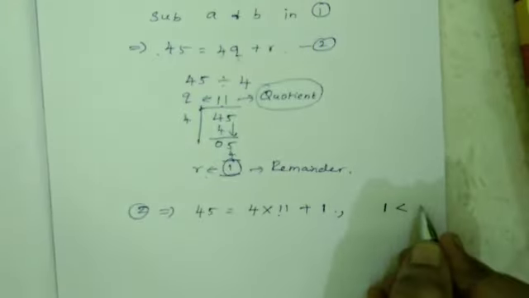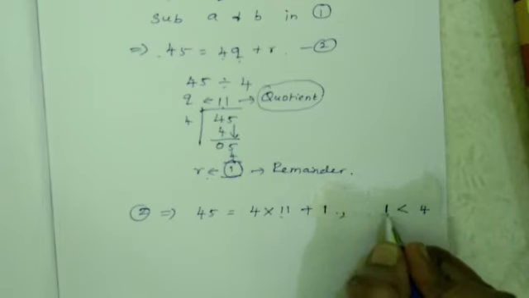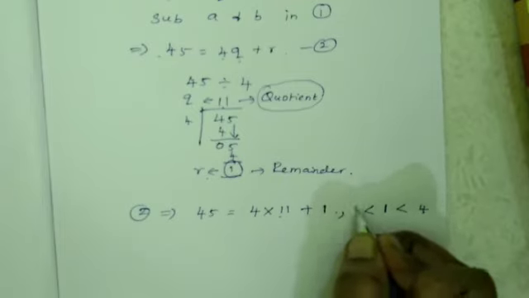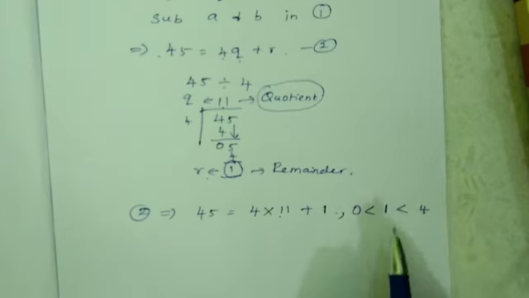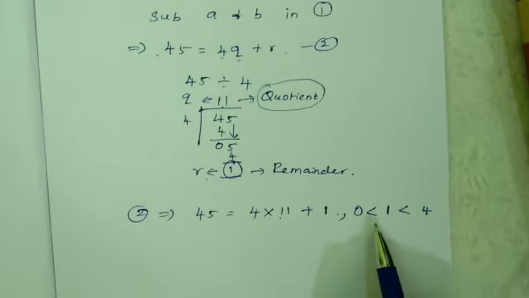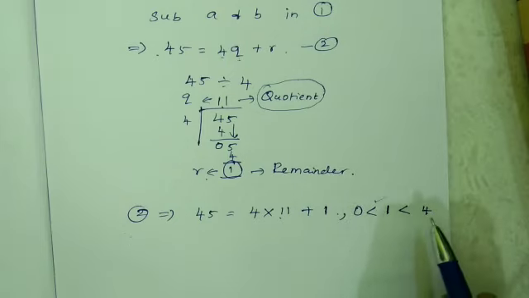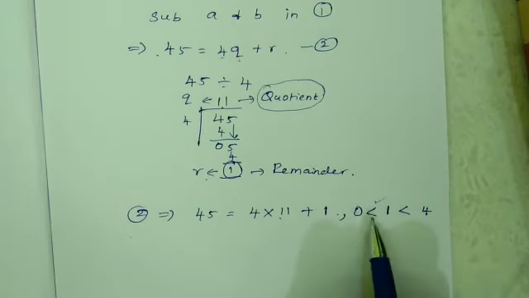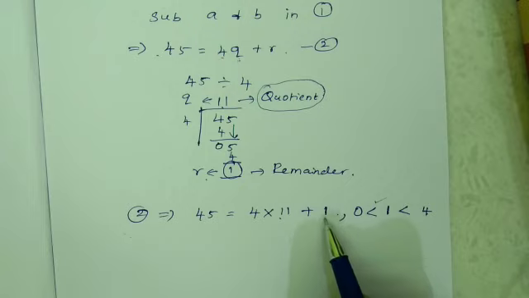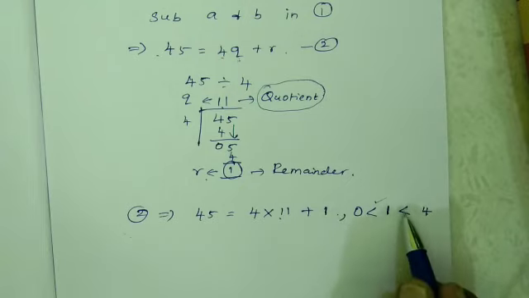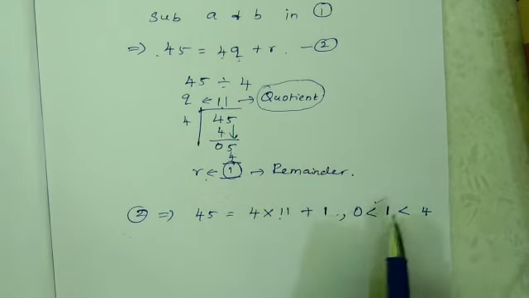Already 1 is less than 4, and it should be greater than 0. Yes, 1 is greater than 0. Any one condition can be satisfied, either greater than 0 or equal to 0. Here we get the condition as greater than 0. So r satisfies the condition: it is less than b and greater than 0.